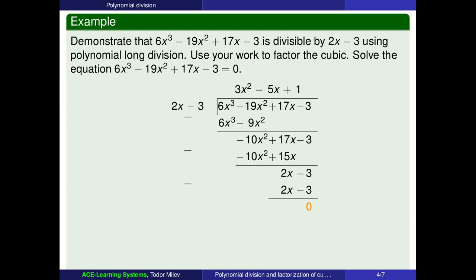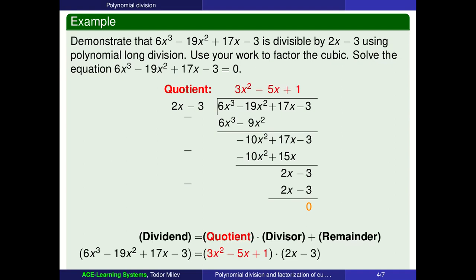Just a reminder, this here is the quotient of our polynomial long division, and this here is the remainder of our polynomial division. As promised, the remainder of our polynomial long division is 0.